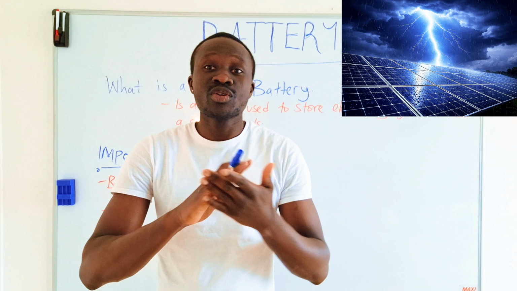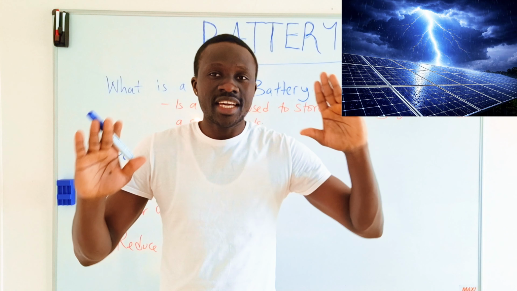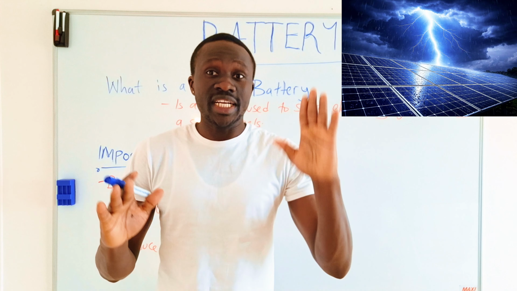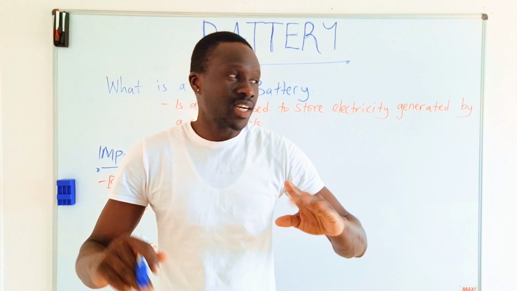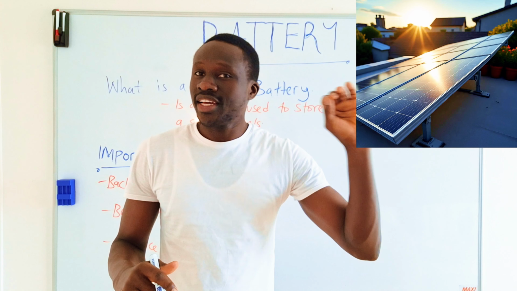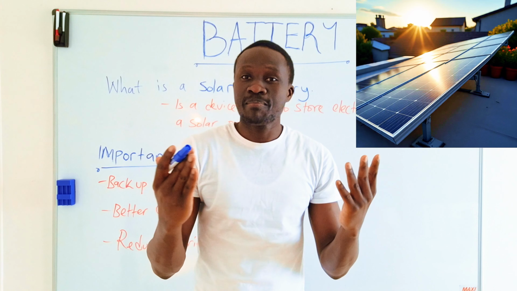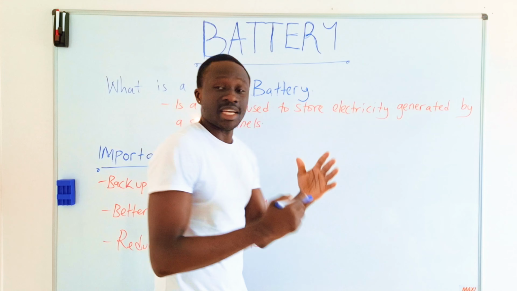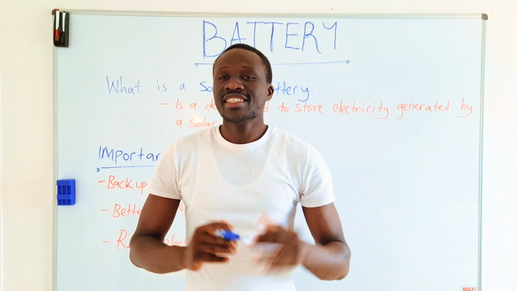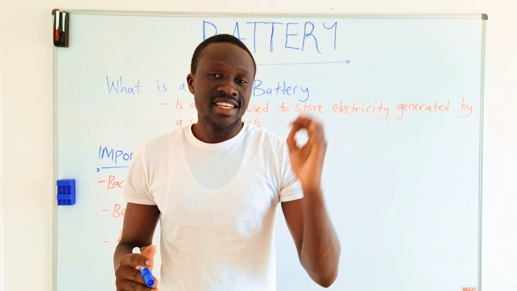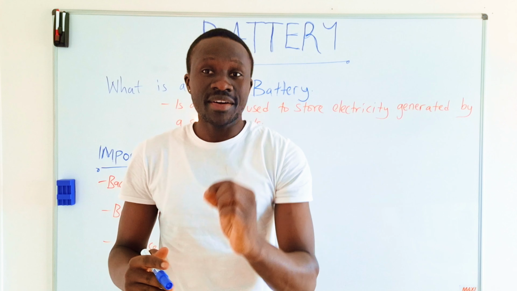At night, solar panels have no use. They have more use during day. At night, they don't work. During day, they produce electricity, and this electricity is in DC, direct current.